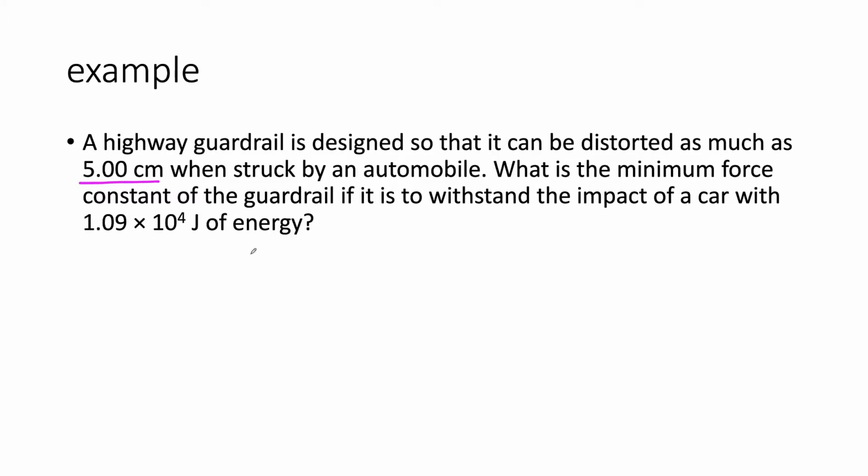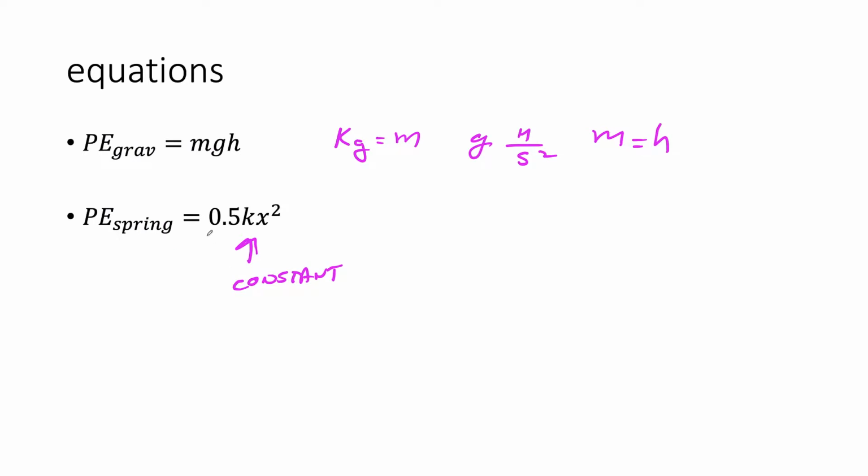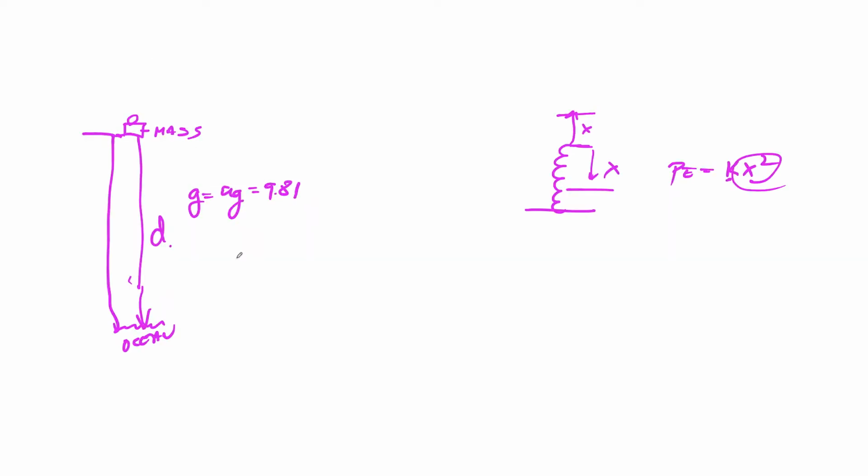Now, which equation to use? Folks, you've got two different types of equation. If this says nothing about height, absolutely nothing about height, you use the spring. So this is actually going to use the spring constant, so potential energy. If we look at the equation, it's going to be this guy, 0.5 kx squared.